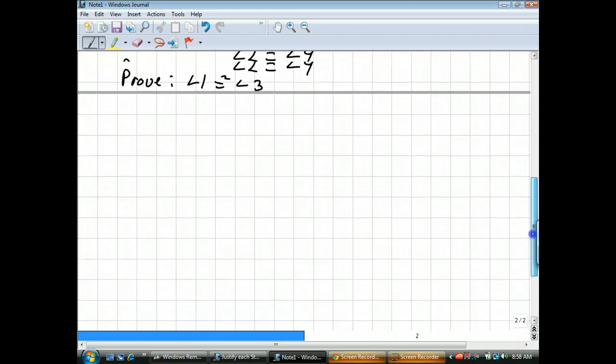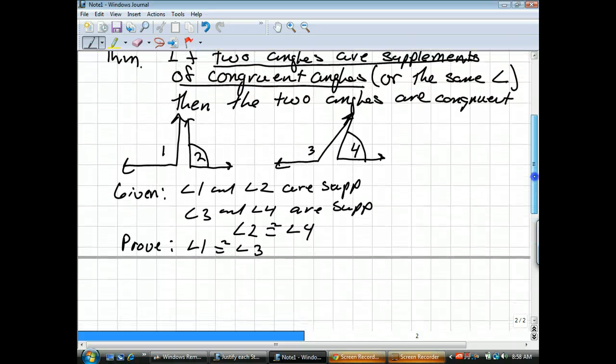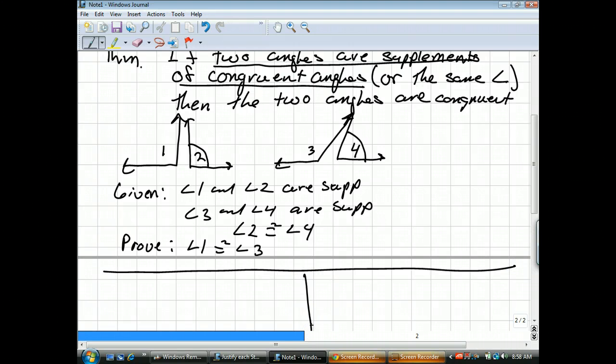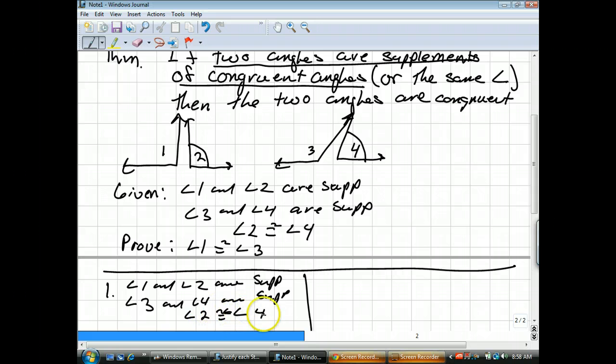So this is the first actual theorem that we're going to prove. And so number 1, our given is that angle 1 and angle 2 are supplementary, and angle 3 and angle 4 are supplementary, and angle 2 is congruent to angle 4. So all that is given.